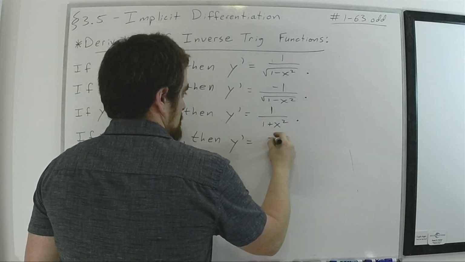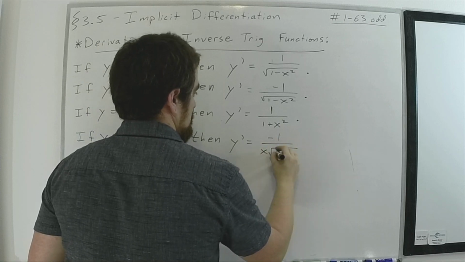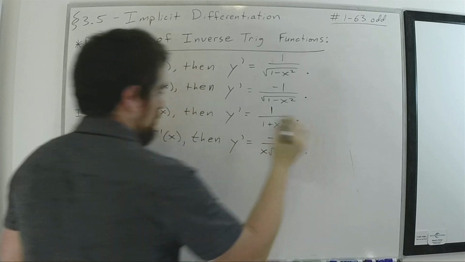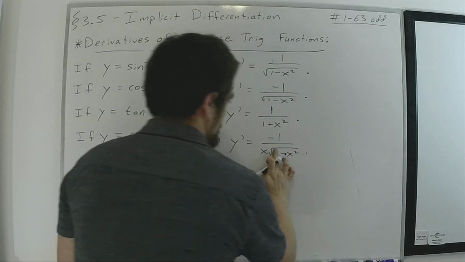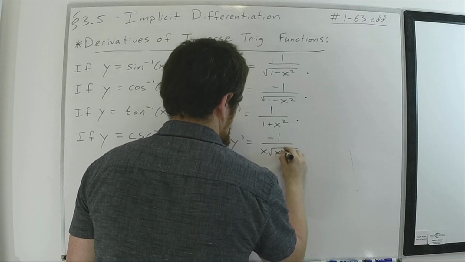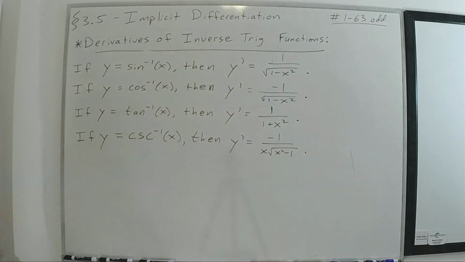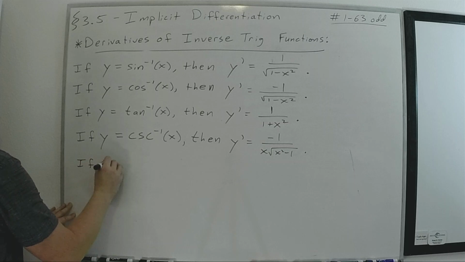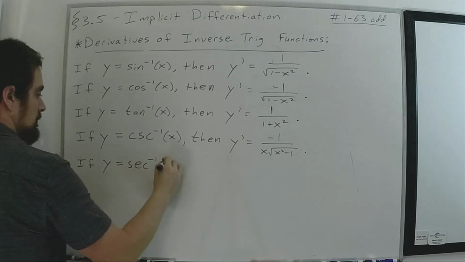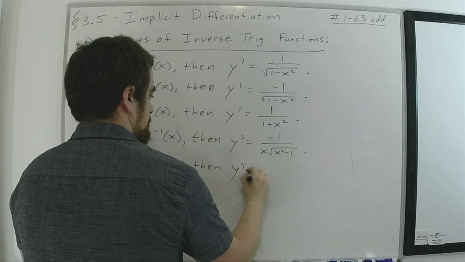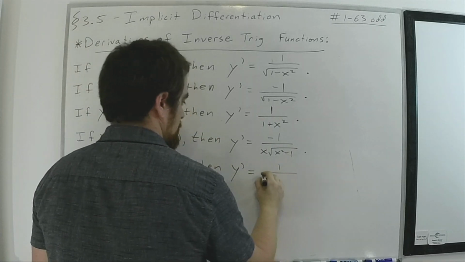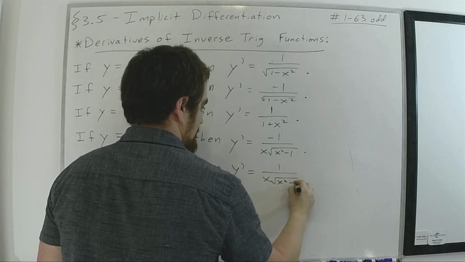Then we'll get negative 1 over x square root of 1 minus x squared. Oh, I'm sorry, I have to flip-flop that to x squared minus 1. Reciprocal identities. There you go. That'll work out. If you look at secant inverse of x, then y prime is going to be, now we need positive 1 over x radical, and again, x squared minus 1.